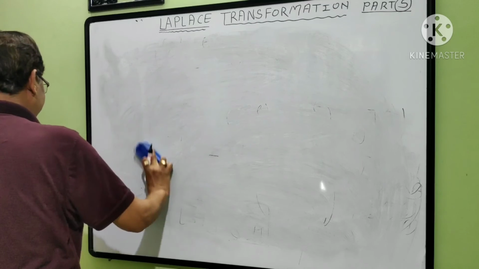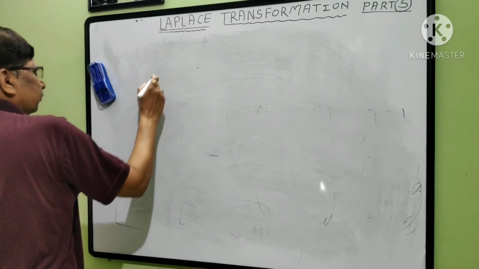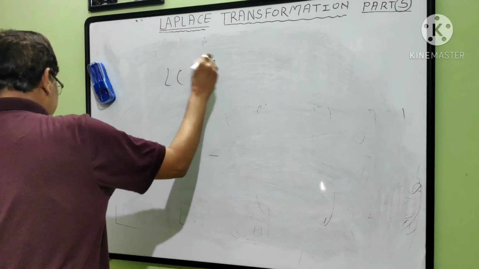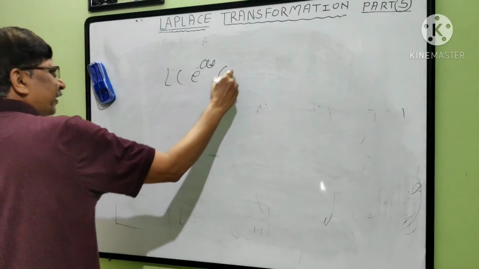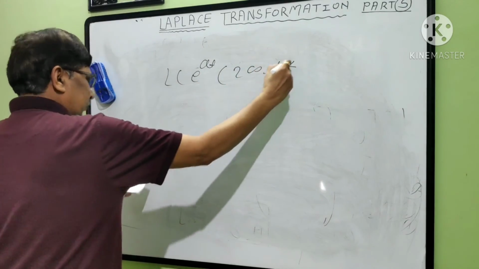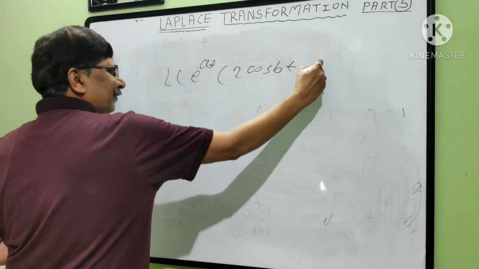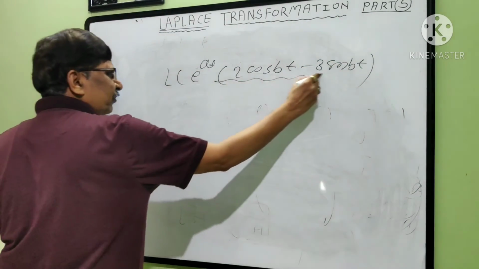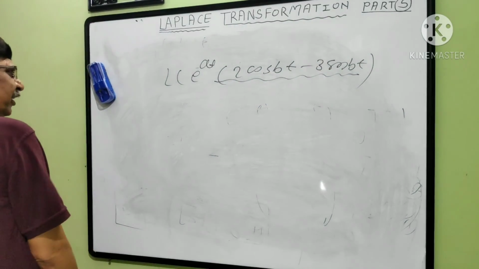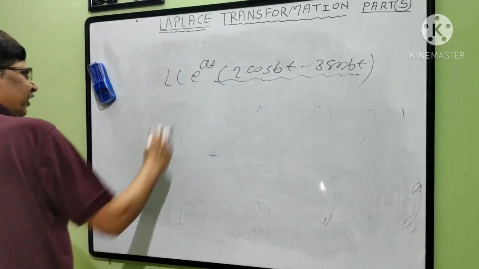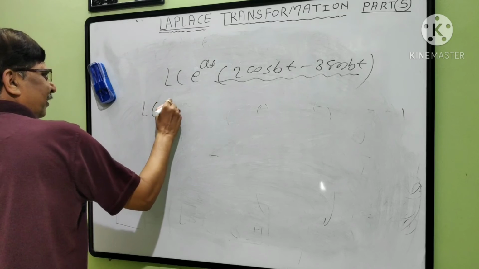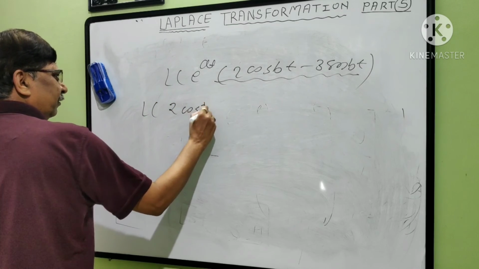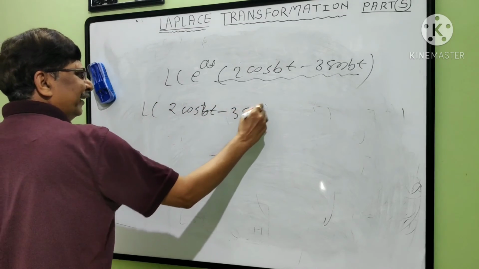Now find the Laplace transformation of e raised to at into 2 cos bt minus 3 sin bt. Again, first find the Laplace transformation of this part, and then use the first shift theorem, because e raised to at is there. Now what is the Laplace transformation of 2 cos bt minus 3 sin bt?